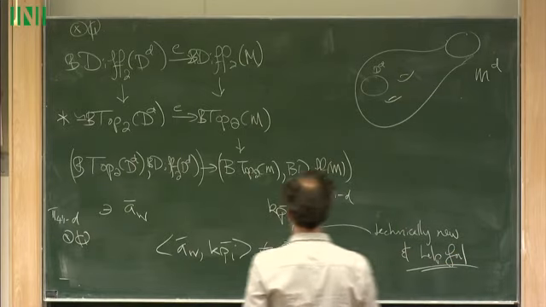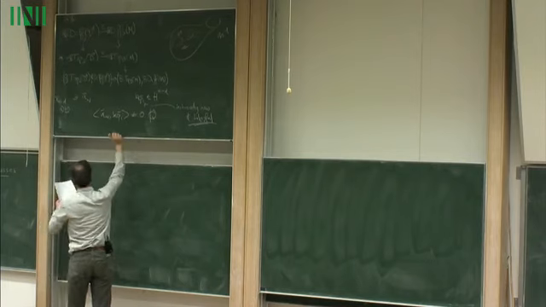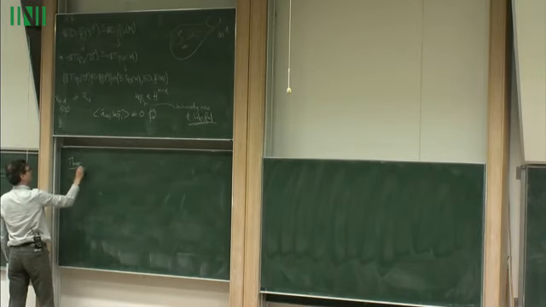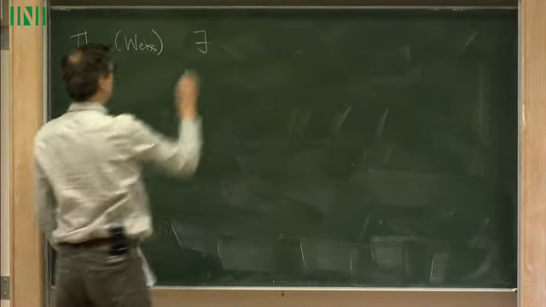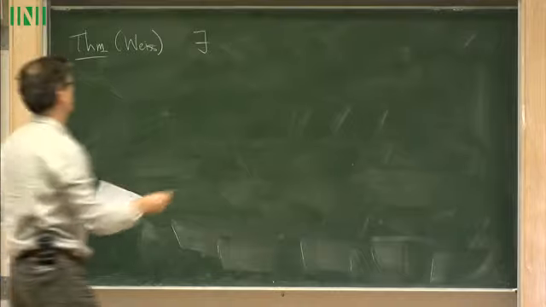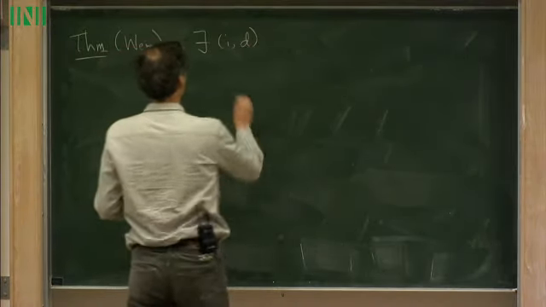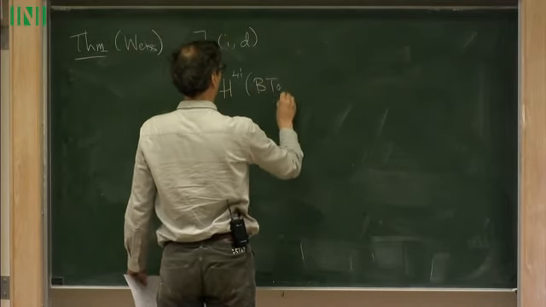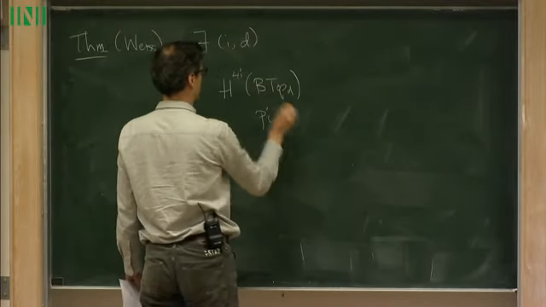So these are the relative kappa-classes. There's a theorem of Weiss, and I'm not going to worry about the particular range of dimensions, but there exist pairs of integers i and d such that if you go to the 4i-th cohomology of BTop(d), everything rational, we have the i-th Pontrjagin class.